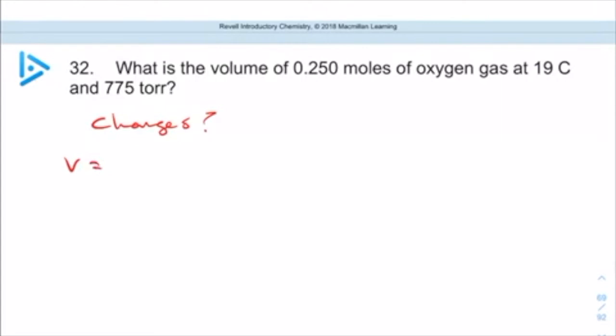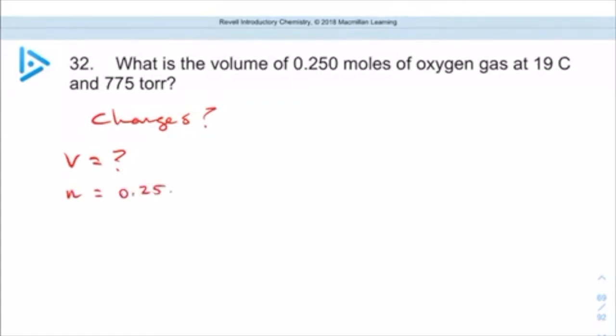There's a volume, which it's asking for, and it's moles, and there's a temperature, and there's a pressure. Okay. Is there anything changing? And the answer is no. So if there's no changes, I'm going to use the ideal gas law.